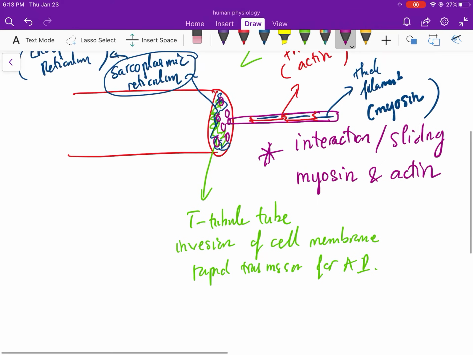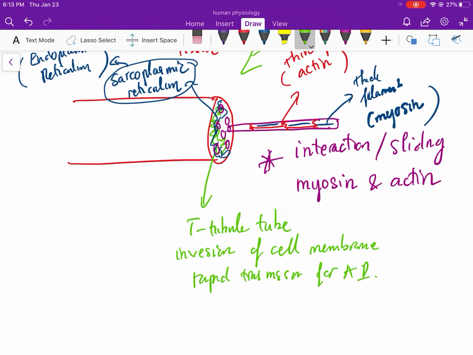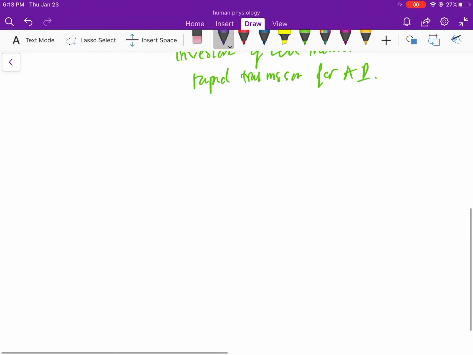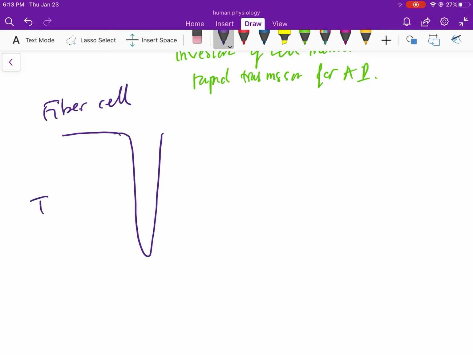So how does this work? From here, we're going to zoom in. I'm going to draw it out. In our fiber cell, we have the T-tubular tube.